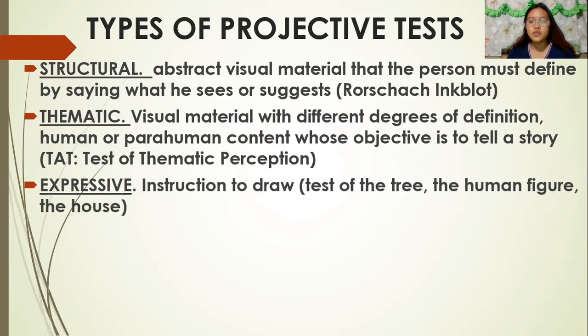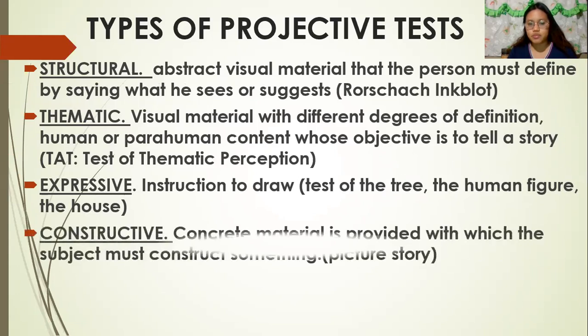The third one is expressive. The instruction is to draw. It may be a test of the tree, a test of the human figure, or the house. Another one is constructive. Concrete material is provided with which the subject must construct something.